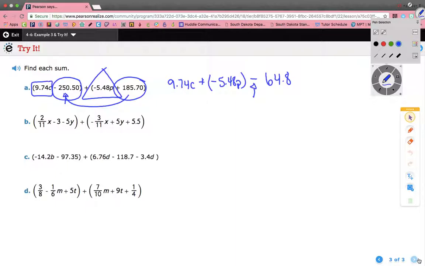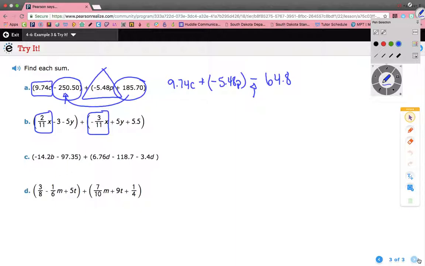That's what I did. Okay, I didn't have to go, oh, okay, so 250.5 negative plus 185.7. Okay, it's going to give me the same thing. I just know to do that in my head already, to use the sign of the bigger absolute value and then just subtract. Okay, so if we look at the second one, we have an x, and here's an x.